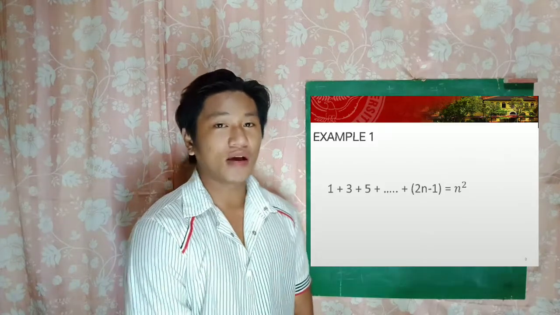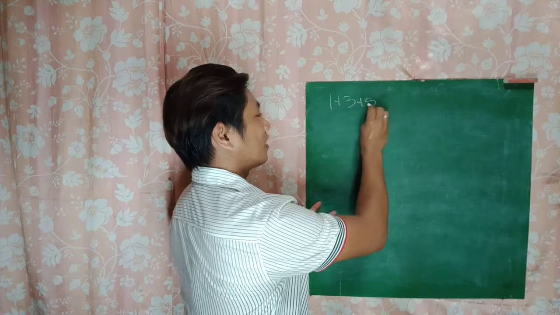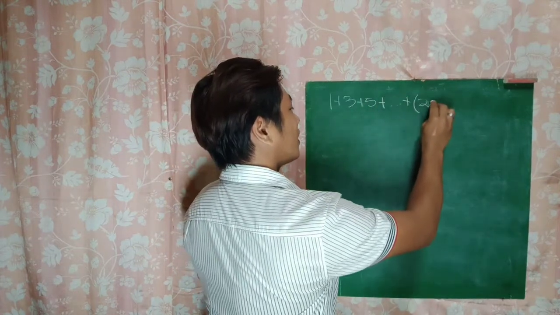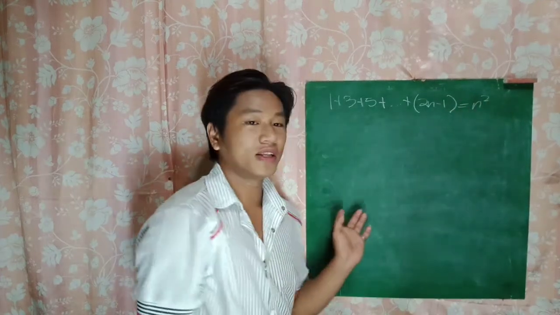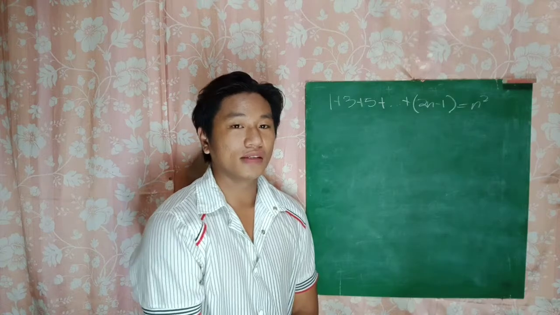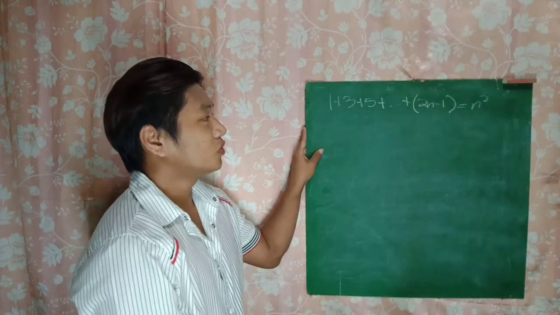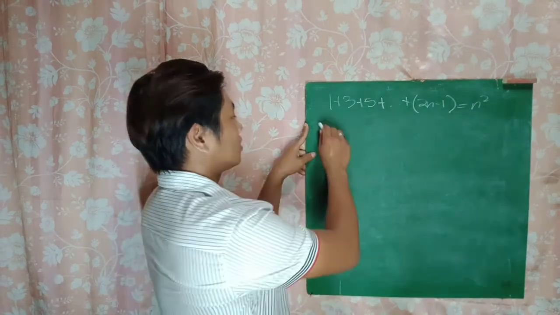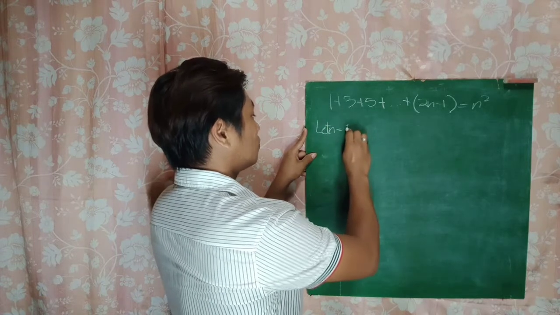So, here are some examples. Example number 1: 1 plus 3 plus 5 plus ... plus 2n minus 1 equals n squared. By the given equation, we're going to get the value of n by letting n equal to 1.